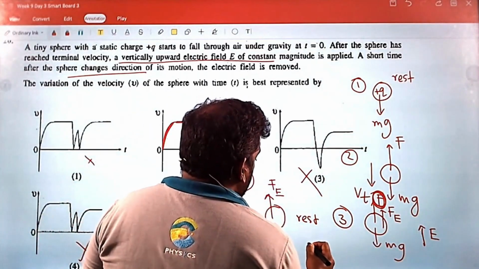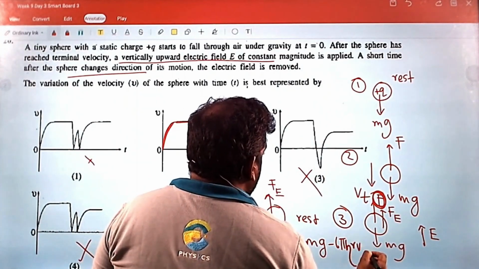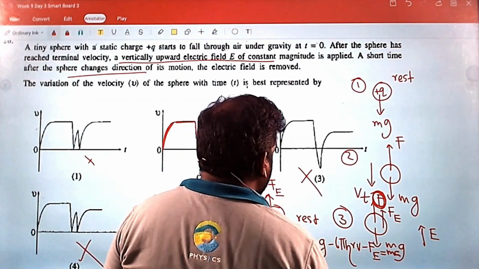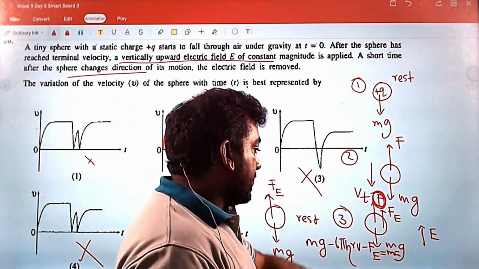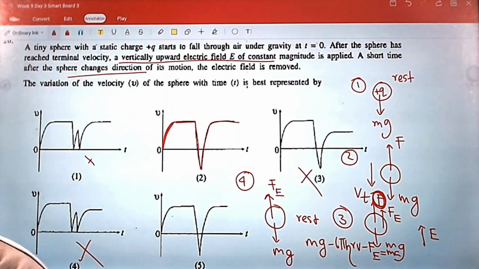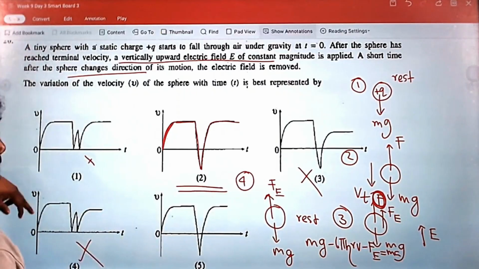If you apply mg minus 6 pi eta r v minus F_e equals ma, when velocity keeps on changing, the acceleration will keep on changing. So one is a straight line, one is a curve. It can't be a straight line, it should be a curve. The correct answer is answer number 2.